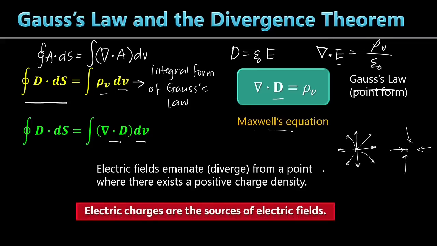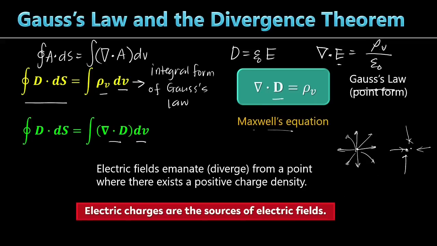So in summary, this Gauss's law tells us that electric charges are the sources of electric fields. Yun lang. Mahalaga to. So that means, basta may electric charge, matik, may electric field. Bakit? Kasi ang electric field ay nanggagaling sa mga electric charges. Kung positive ang electric charge, dun sa charge na yon, may mag-e-emanate na electric field.